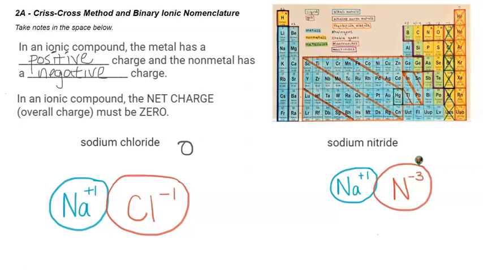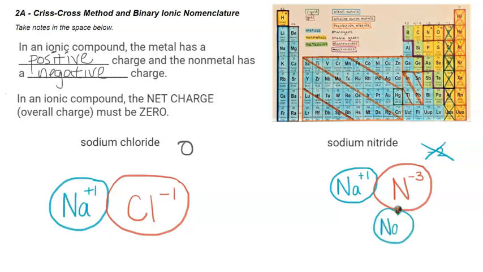So if we have one nitrogen and only one sodium to balance it out, our overall charge is going to be -2. And that's not possible. Nature won't keep that overall charge of -2. It wants to get to 0. So what nitrogen has to do is find not just one sodium to bond with, but 3 sodiums to bond with.